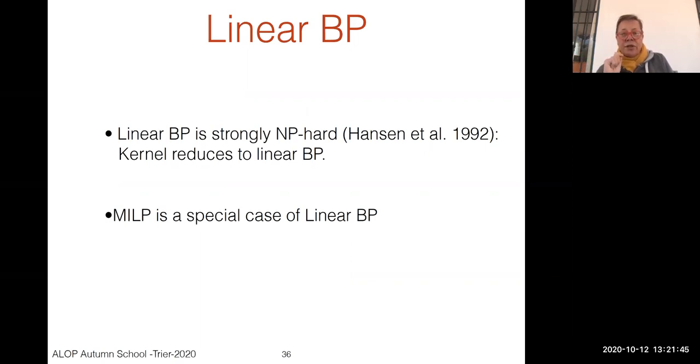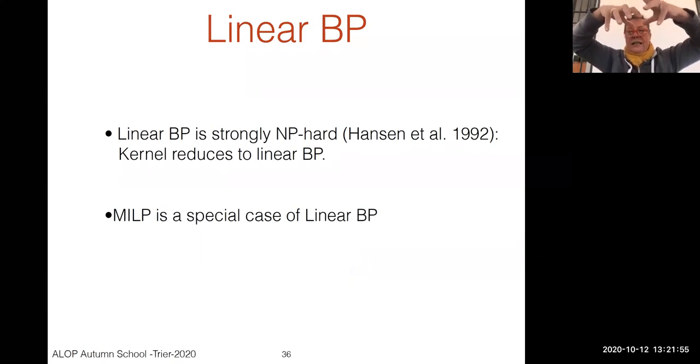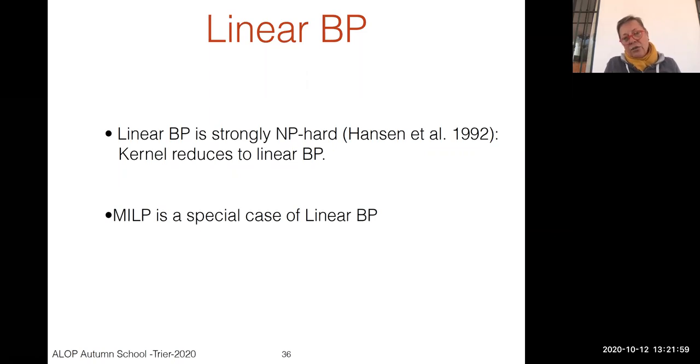And all the vertices that do not belong to the kernel must be linked by at least one edge to one node of the kernel. So it's a kind of set that dominates all the rest. And the question of whether there exists a kernel in a graph is a problem known as strongly NP-complete, that reduces to linear bilevel programming.